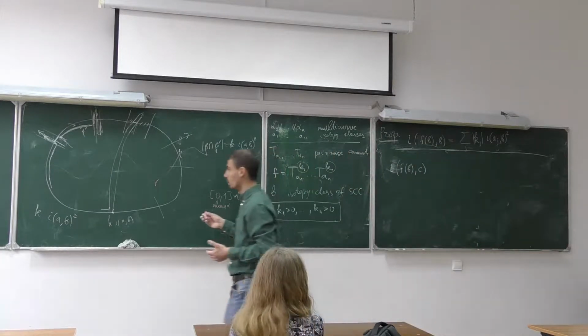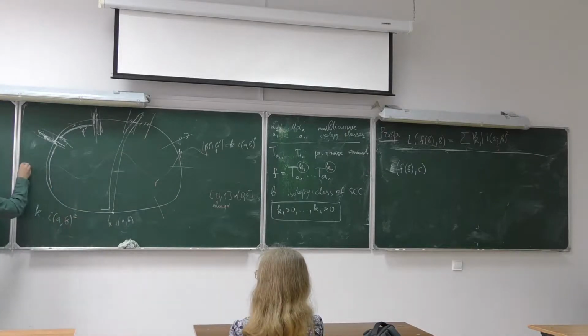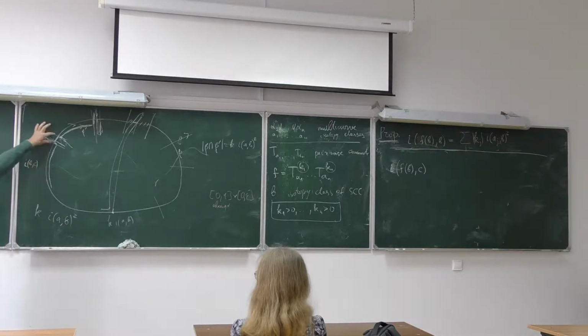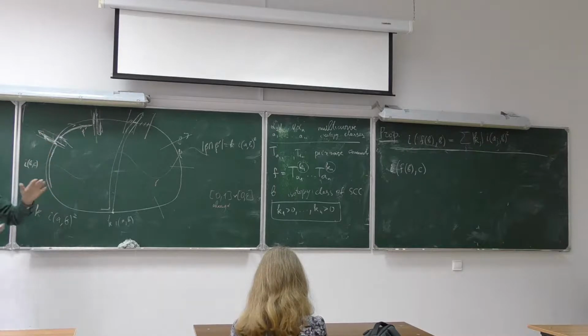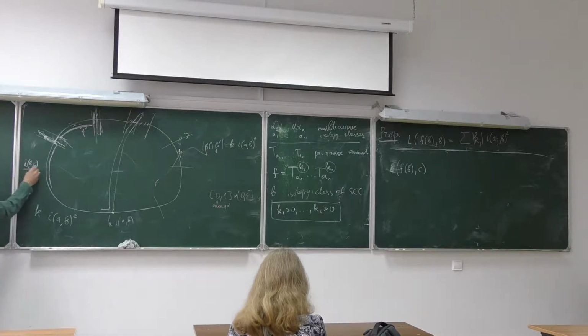Okay, and so we have I of B. Of course, we can achieve that all intersections with beta are outside these strips, far from these strips. And also all intersections with alphas are far from intersections with betas. So we have this many intersections with beta, and these are still intersections with beta prime.